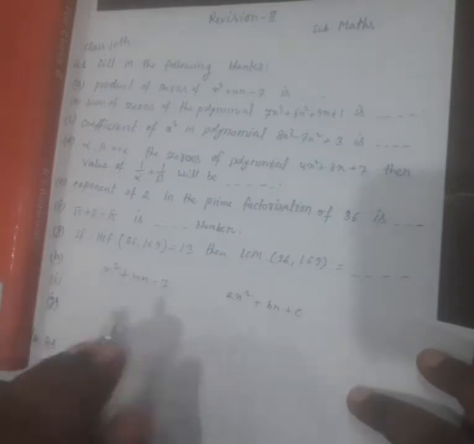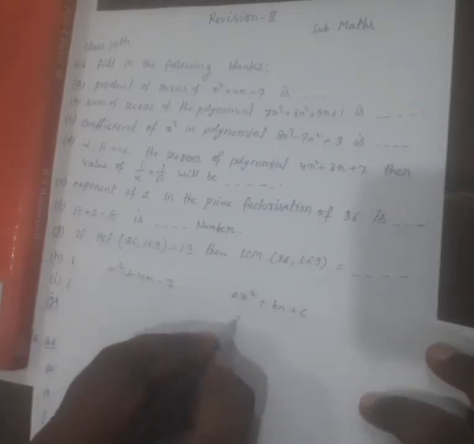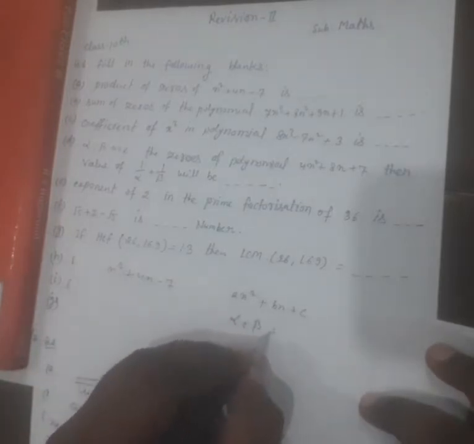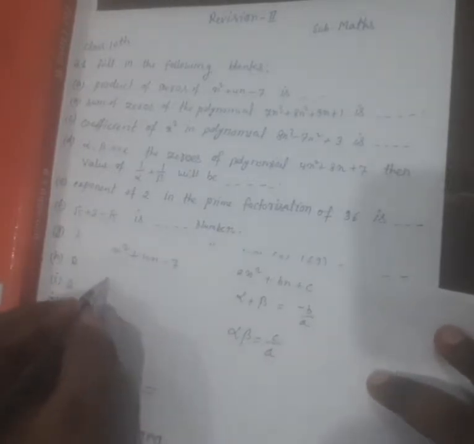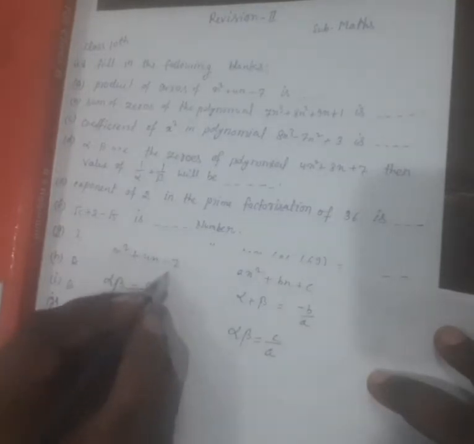This is the polynomial, and for this polynomial we have to find the product of zeros. The sum of zeros, alpha plus beta, is equal to minus b upon a. And the product of zeros, alpha into beta, is c upon a. We have to find the product of zeros, alpha into beta, which is c upon a.